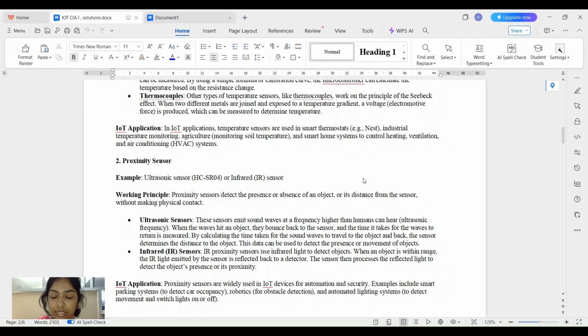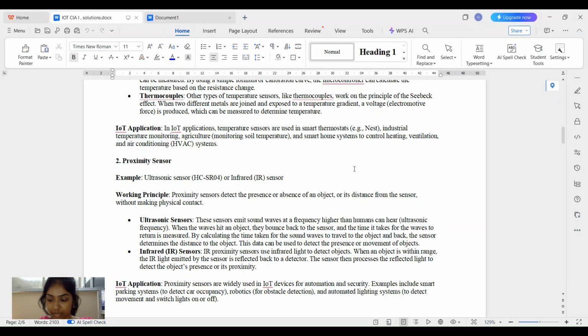There are many different types of sensors, as we saw here: temperature sensor, color sensor, gas sensor, proximity sensor, IR sensor, smoke sensor, alcohol sensor, humidity sensor, soil moisture sensor, touch sensor, water flow sensor, ultrasonic sensor, and heartbeat sensor, which is used in healthcare, and many more.